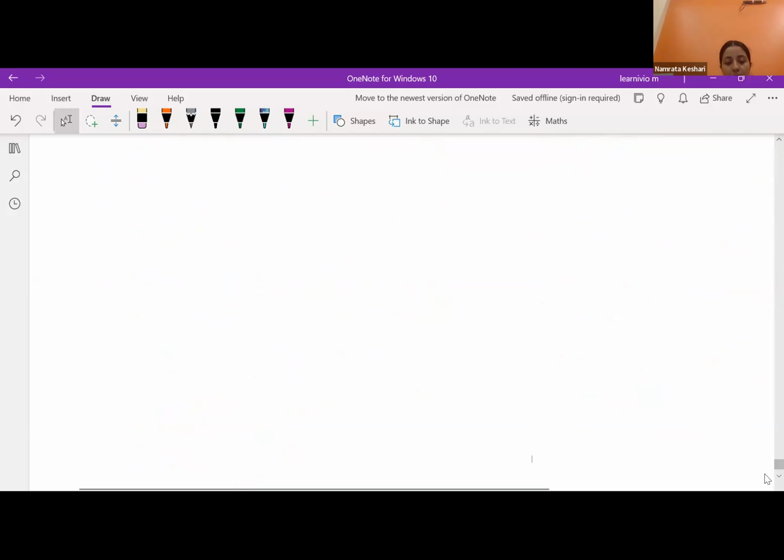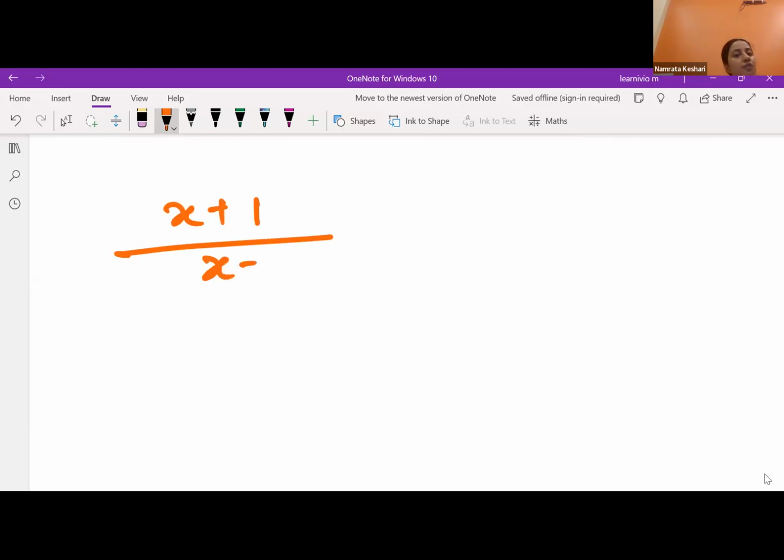Now, why are we learning this process? So that we can deal with, if we are having x plus 1 over x minus 1 is equals to 5, then x equals to, you are thinking that we can do it by crisscross multiplication, and I am telling you yes, you can.